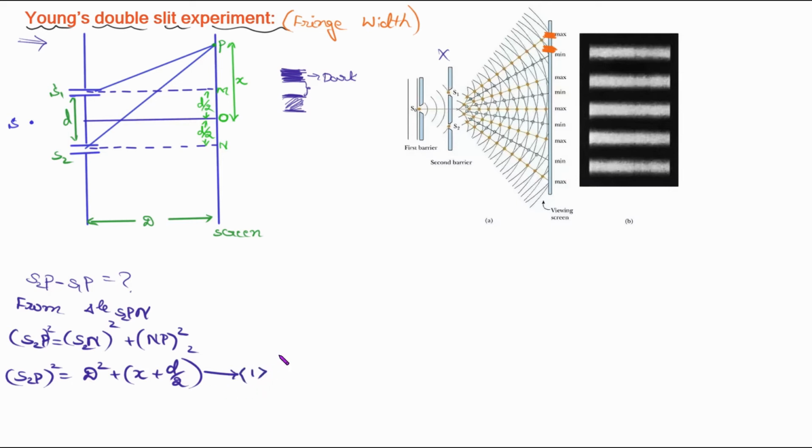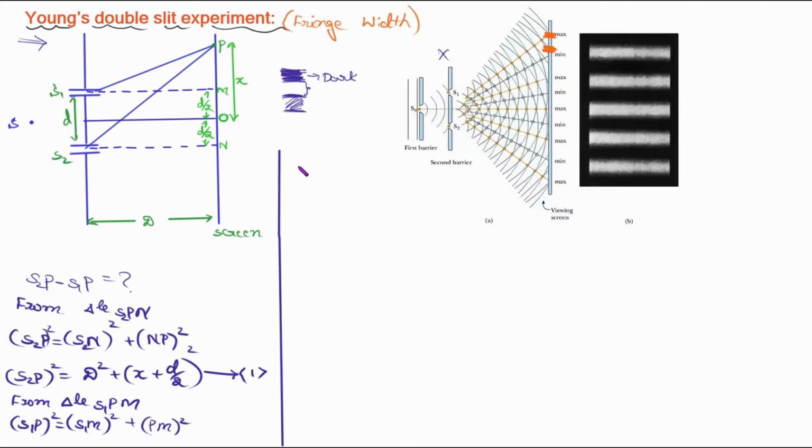So what we have done, the value of the hypotenuse S2P we have calculated. Alright, next from another triangle, that is S1PM, again use Pythagoras theorem. S1P square is equal to S1M whole square plus PM whole square. Substitute the values.